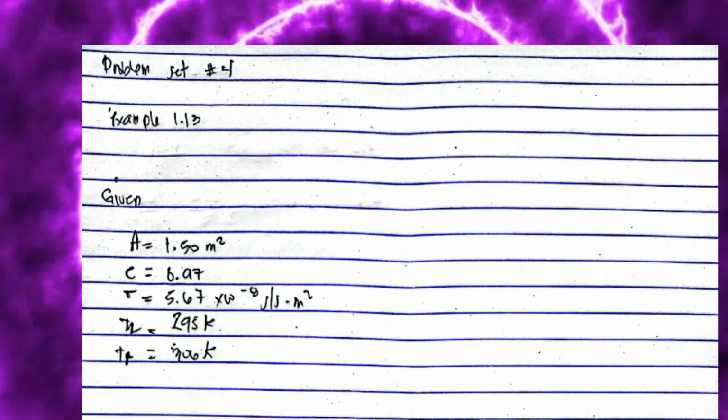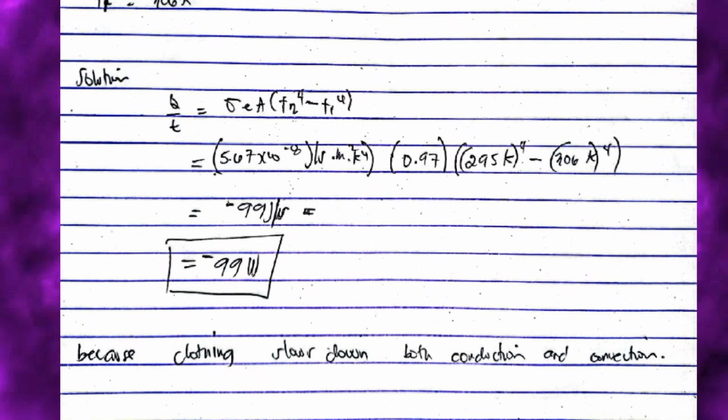So, solution. We use the equation Q over time equals sigma times E times area times T2 raised to the power of 4 minus T1 raised to the power of 4.